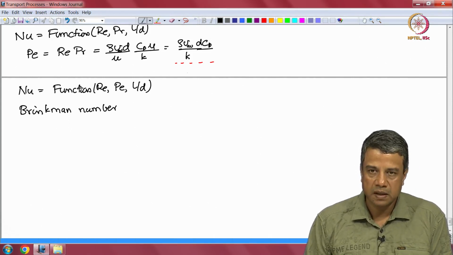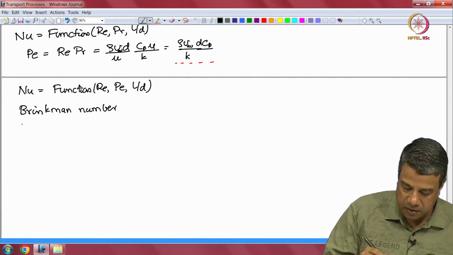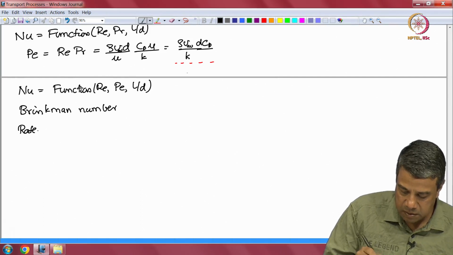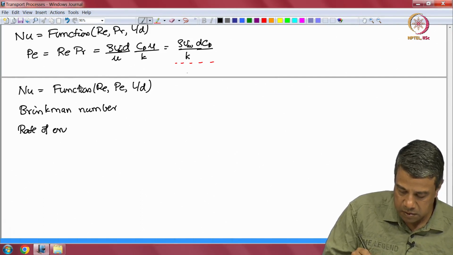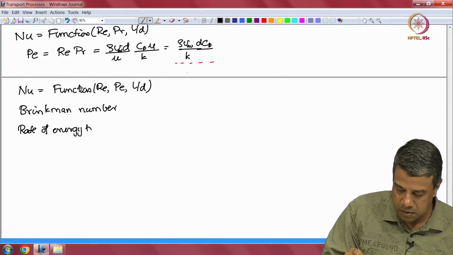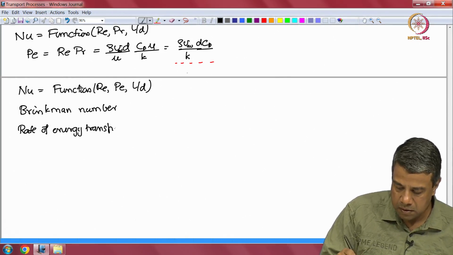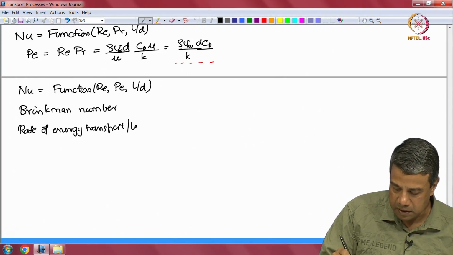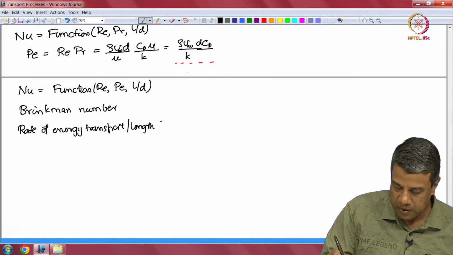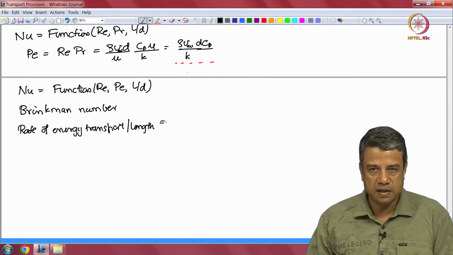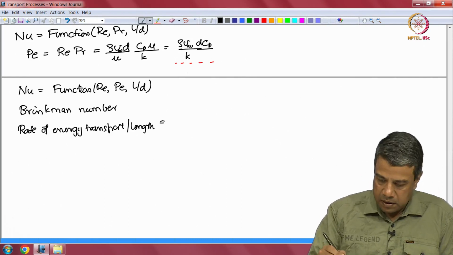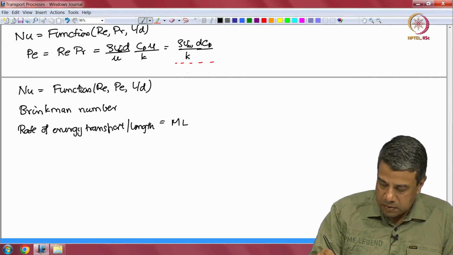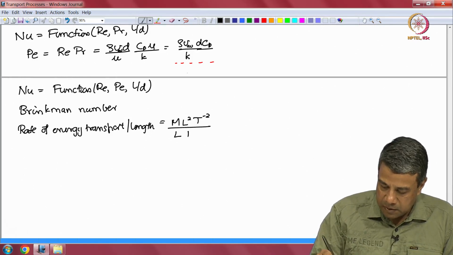Okay. So, the rate of energy transport per unit length will have dimensions of energy, m L square t power minus 2, per unit length per unit time. Okay.